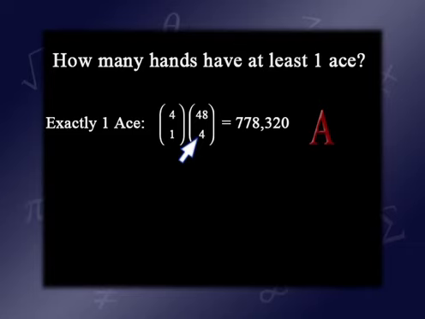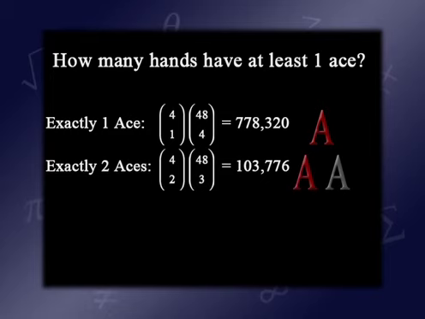How many non-aces are there in the deck? There are 48 of them, right? You have to choose 4 of them. So the number of ways of picking 4 non-aces is 48 choose 4. Therefore, the number of poker hands with exactly 1 ace is 4 choose 1 times 48 choose 4.